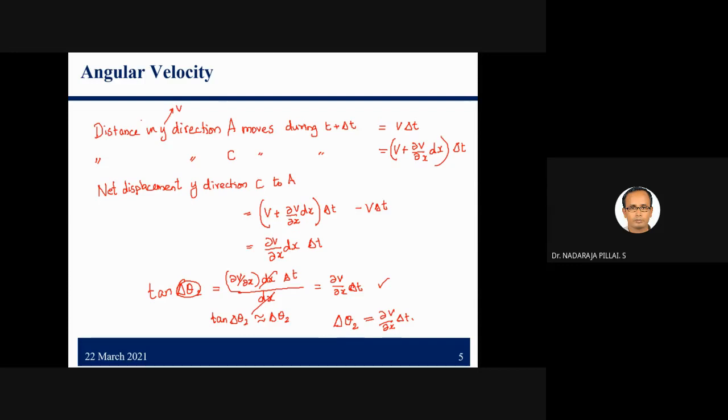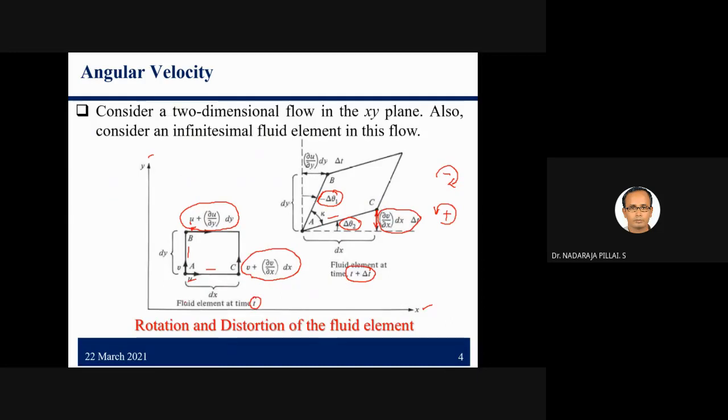So similarly, you can consider the x component, right? The x component of velocity at point A at a time t, and then here similarly you can calculate the minus del theta 1, right? So I want you to calculate by yourself.